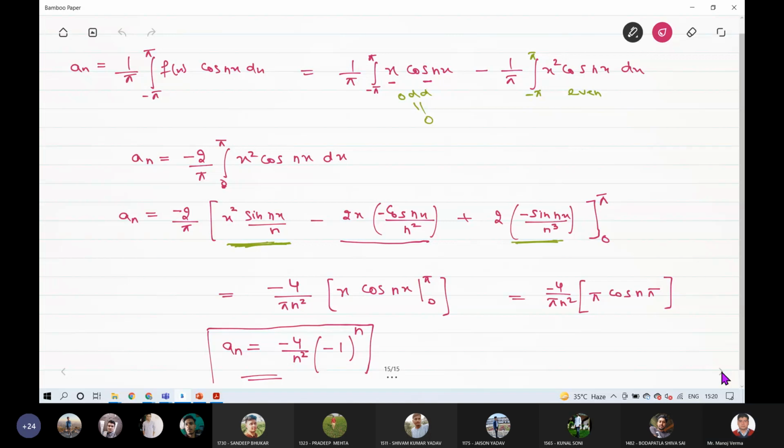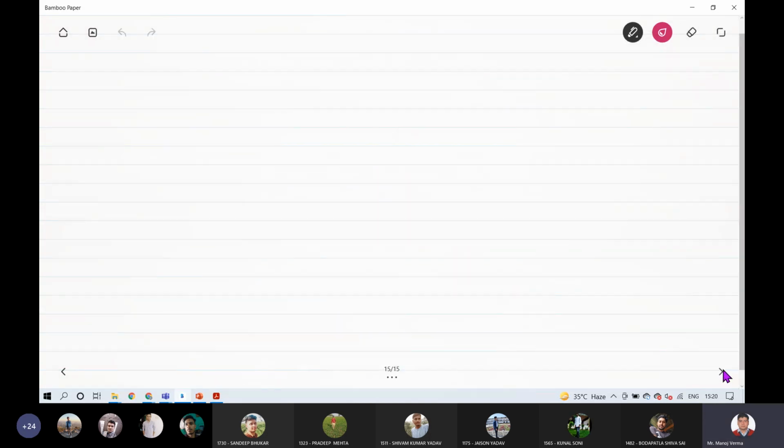Okay. So the last Fourier coefficient which I have to calculate is my Bn, and it will become 1 over pi, minus pi to pi, x minus x square, sine nx dx.